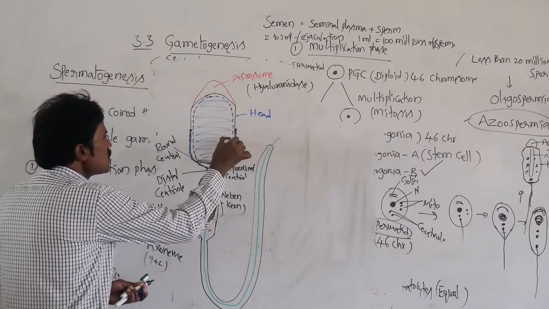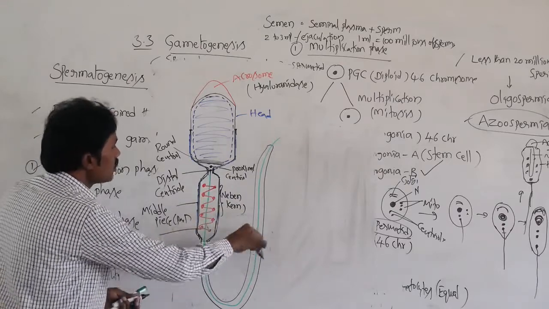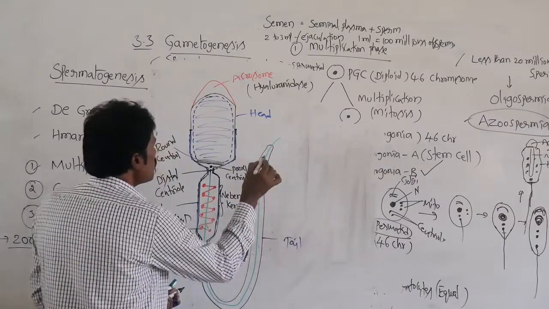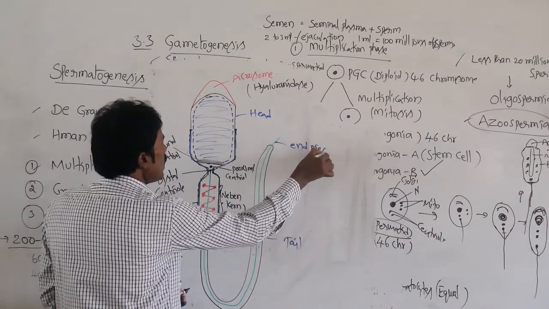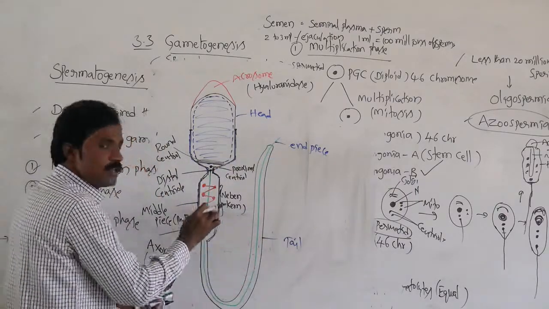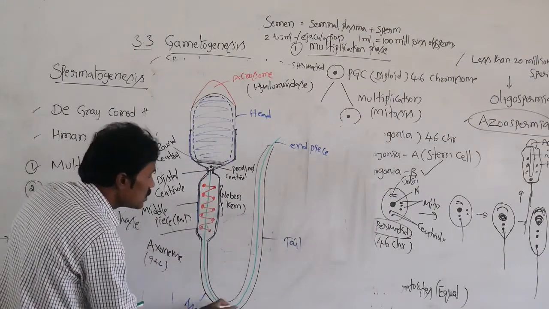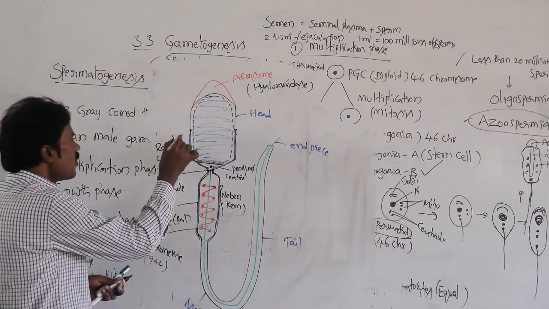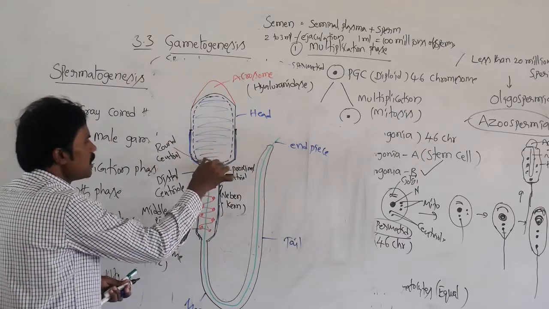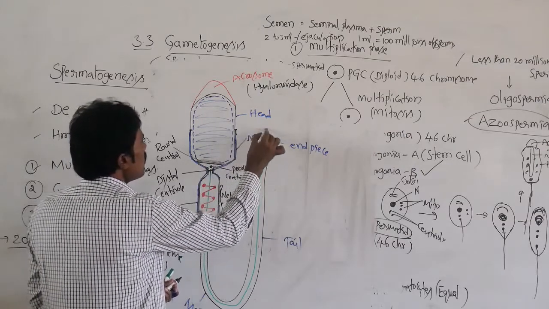Half of the posterior, neck and middle, not the tail part. This is the head, this is the middle part, this is the tail part. This is the end piece, and below this in the tail is the main piece. Half of this is covered with a specific sheath. That we call the manchette. What is the name of this particular part? This we call the manchette.